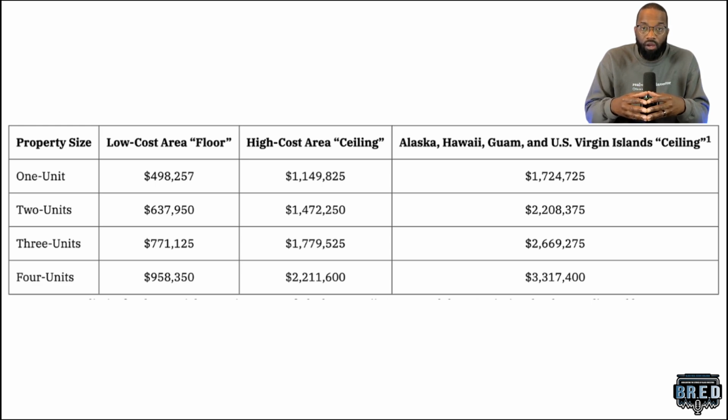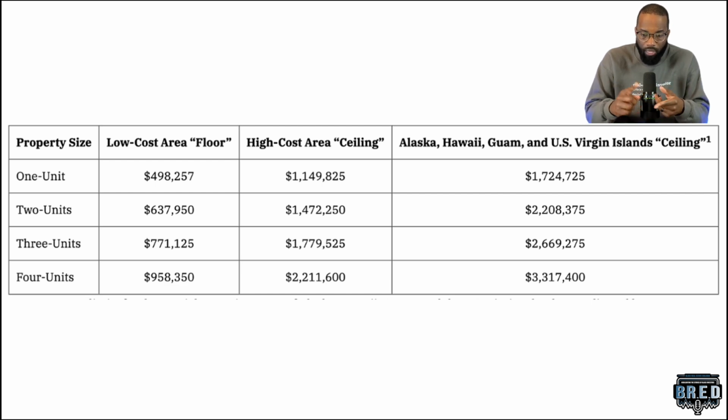That's the low cost area floor. And then the high cost area ceiling is $1,779,525. Lastly, the 4 units is $958,350 for the low cost area floor. And then the high cost area ceiling is a little bit over $2.2 million.